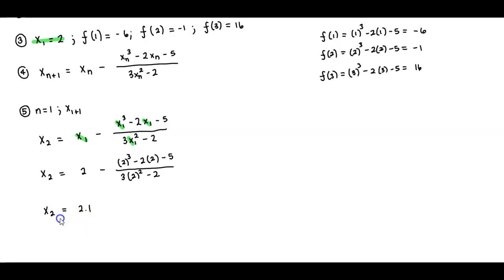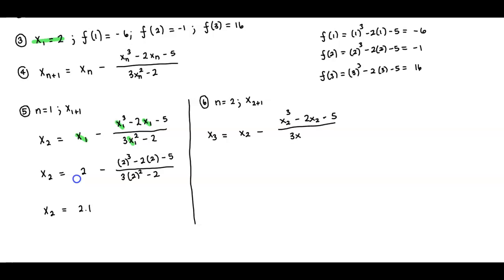Okay, and what we want to be able to find is x subscript 3. So now we're going to move on to next step number 6. We're going to let n equal 2. So when n is equal to 2, x subscript 2 plus 1 gives us x subscript 3. So x subscript 3 is going to equal x subscript 2 minus x subscript 2 cubed minus 2 times x subscript 2 minus 5 all over 3 times x subscript 2 squared minus 2.